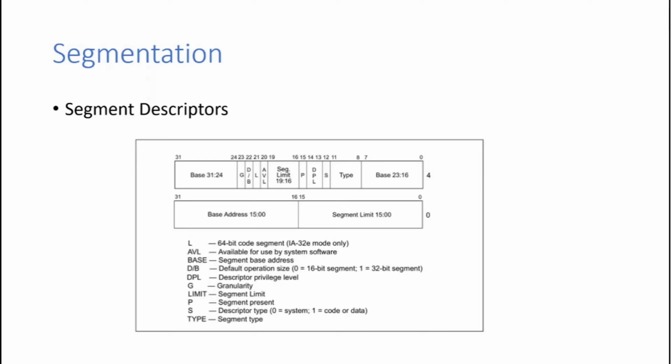Usually only one GDT is defined, while each process is permitted to have its own LDT if it needs to create additional segments besides those created in the GDT. The address and size of the GDT in main memory are contained in the GDTR control register, while the address and size of the currently used LDT are contained in the LDTR control register.